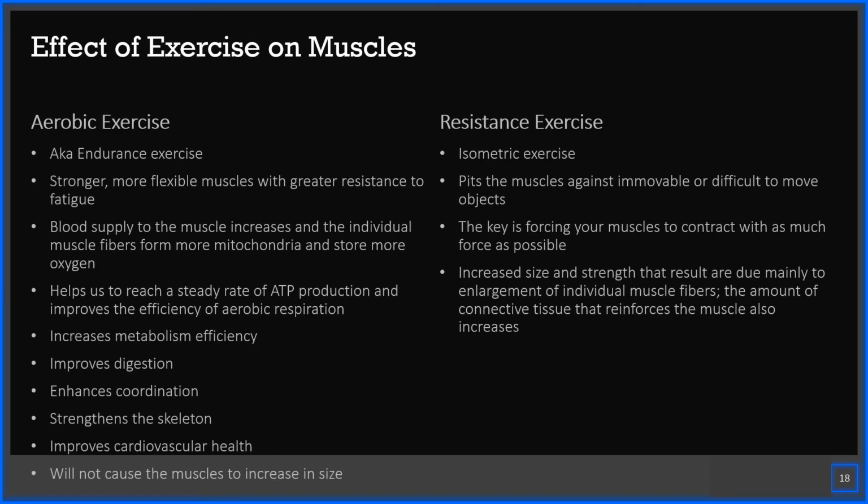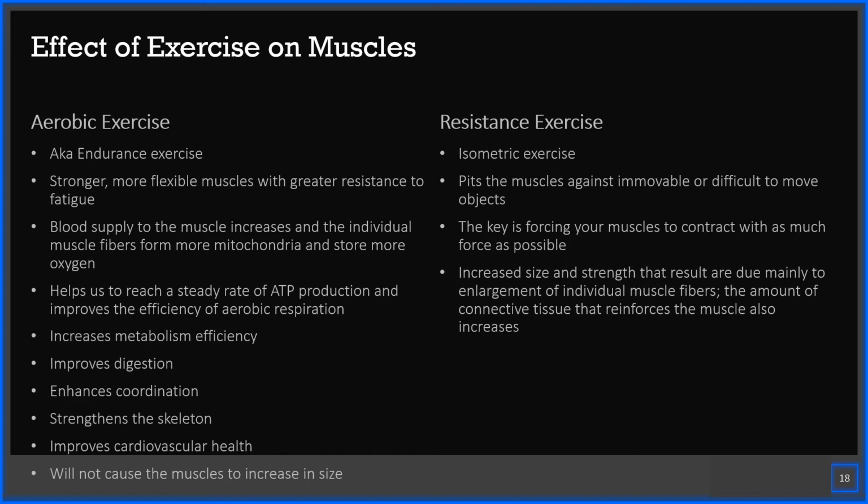The effects of exercise on muscles. So we have aerobic versus resistance. Aerobic exercise is going to be your endurance exercising, so running, the elliptical, HIIT. It gives stronger, more flexible muscles with greater resistance to fatigue. Blood supply to the muscles increases and the individual muscle fibers form more mitochondria and store more oxygen.